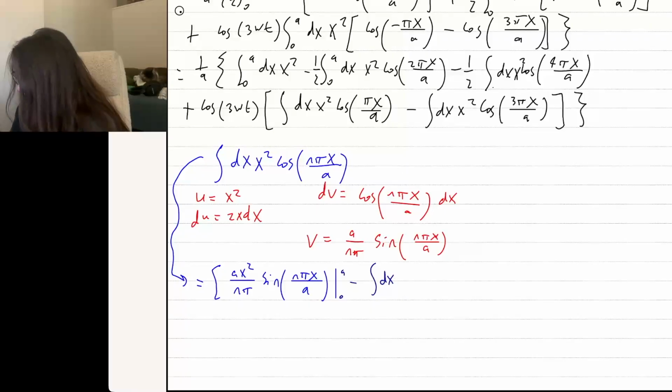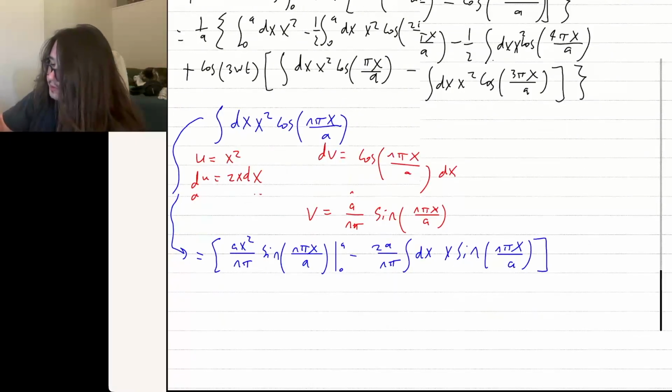It'll be more complicated than that. It's minus 2a over n pi integral dx x sine of n pi x over a.